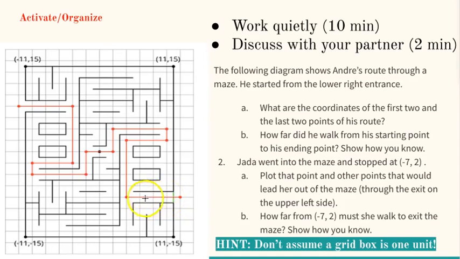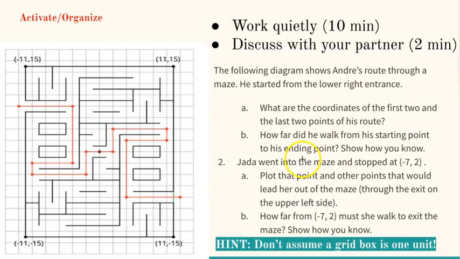So we got 2, 4, 6, 8, 10, 12, 14, 16, 18, 20, 22, 24, 26, 28, 30, 32, 34, 36, 38, 40, 42, 44, 46, 48, 50, 52, 54, 56, 58, 60, 62, 64, 66, 68, 70, 72, 74, 76, 78, 80 total units, right? 40 squares as far as that distance, but each one's worth 2.